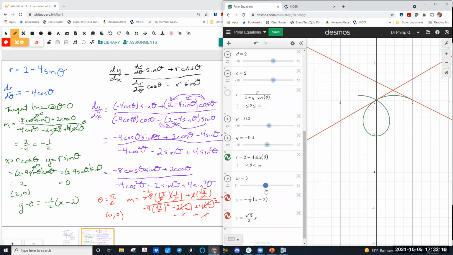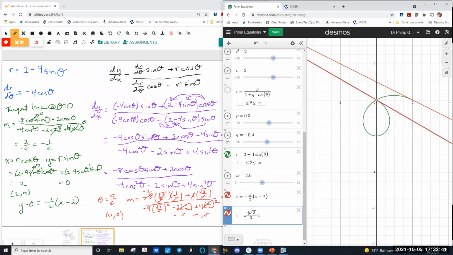I don't get back to that point until theta is about, go all the way out here. Oops, I already passed it, sorry. I don't get back to that point until theta is right here at about 2.6, 2.7, which ends up being 5 pi/6. So 5 pi/6 puts us at the same point in the plane, but would give us the exact opposite tangent line. And as you can imagine, it's just the opposite sign.